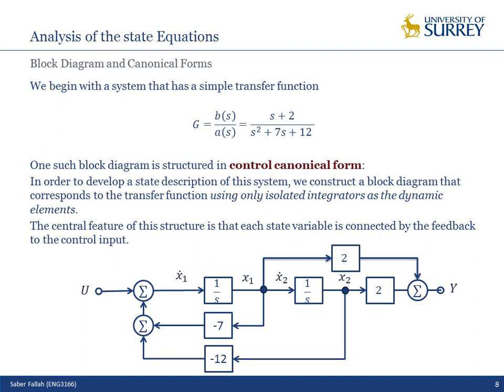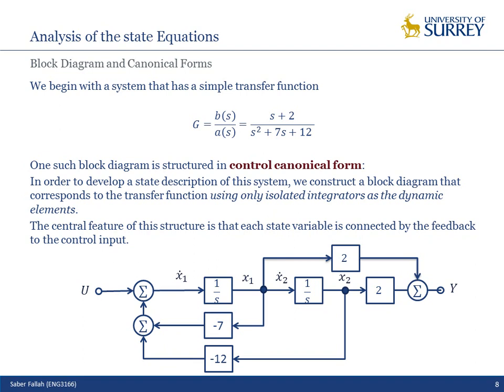So x1 is equal to 1 over s times minus 7x1 minus 12 times 1 over s times x1 plus u. So I bring all x1 here.